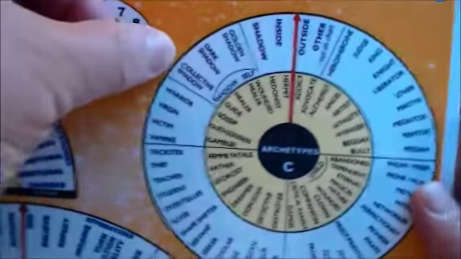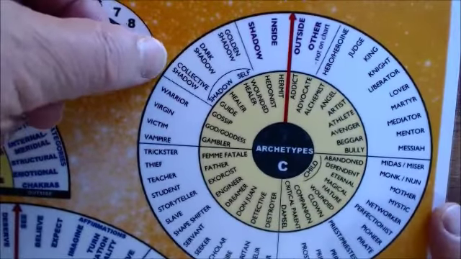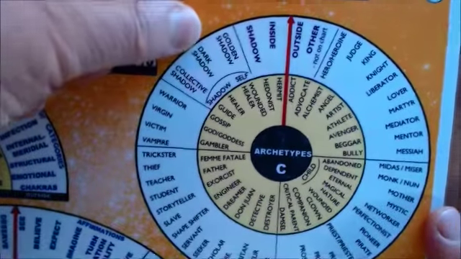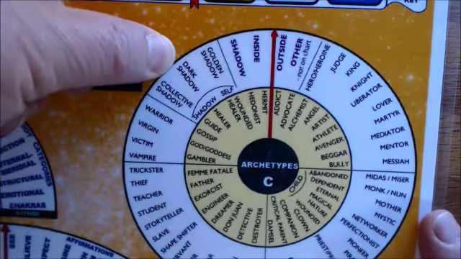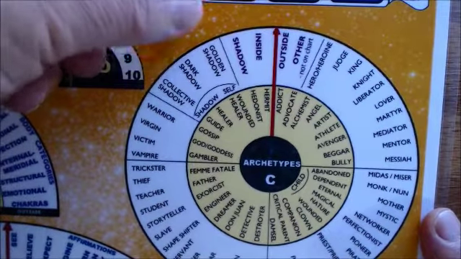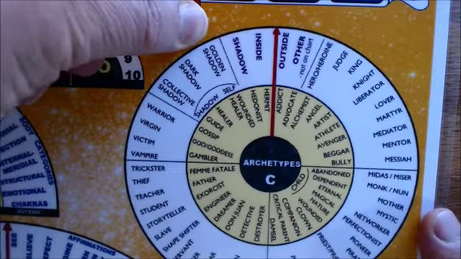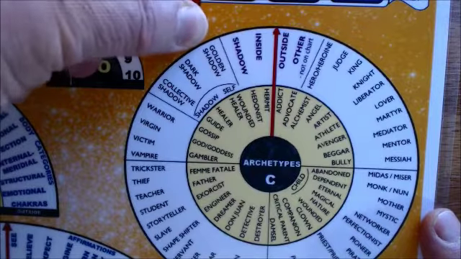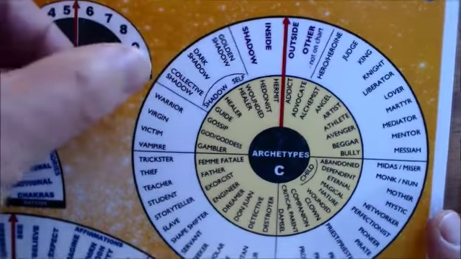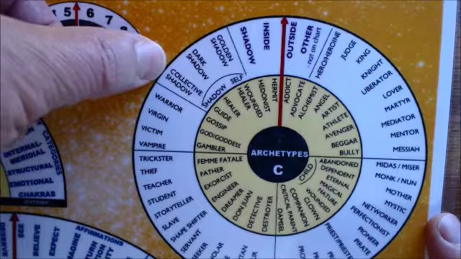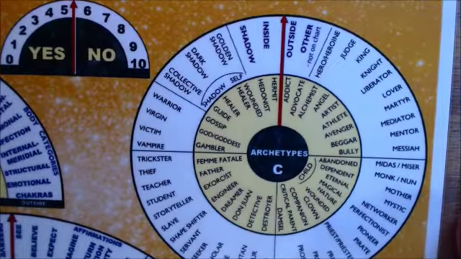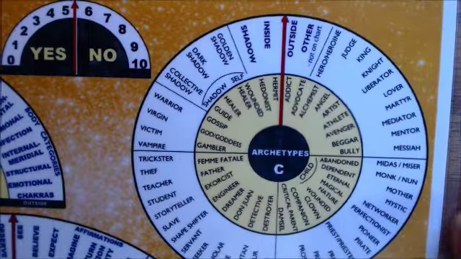The shadows are collect a shadow, dark and golden. The dark shadow or the bad parts of the archetypes, golden, are the very, very good ones that we often don't want to admit to. And the collective is just that, the collective energies.